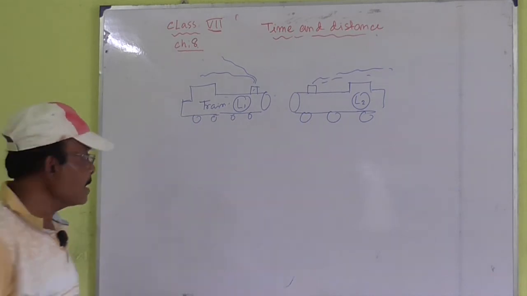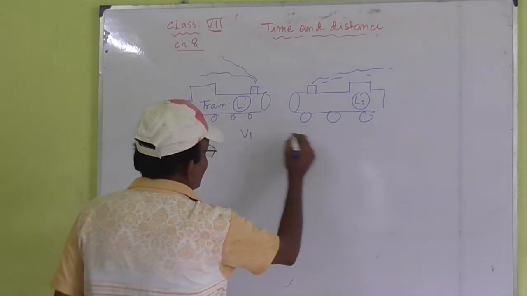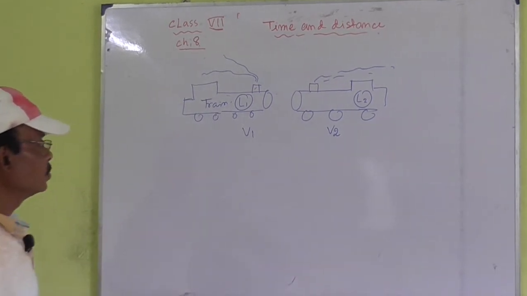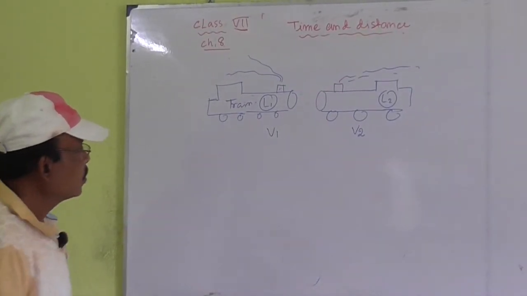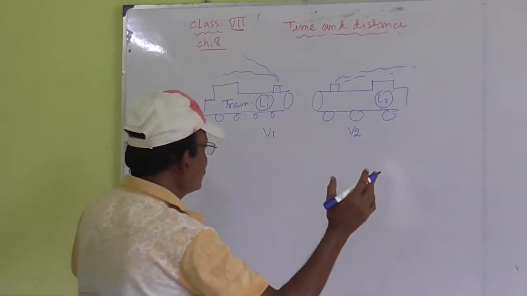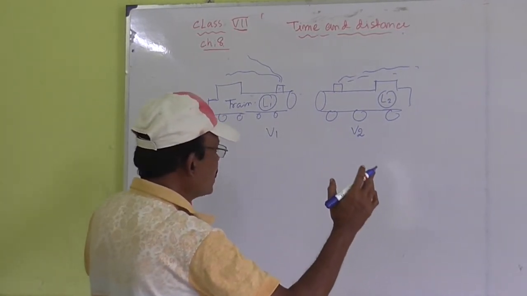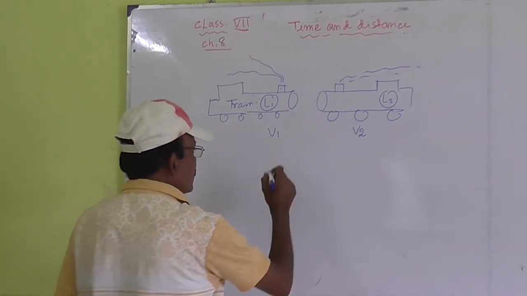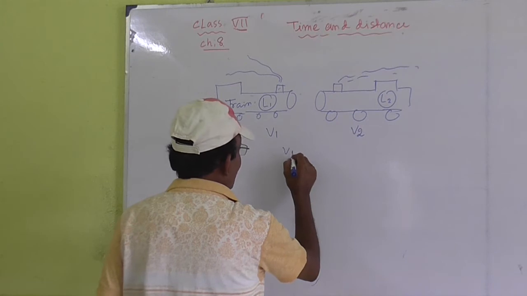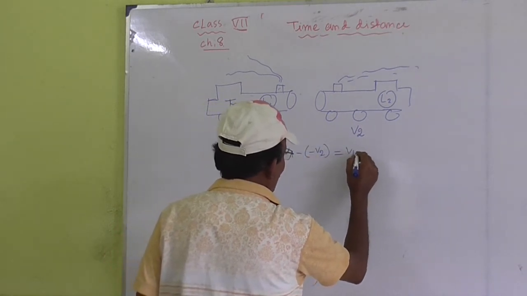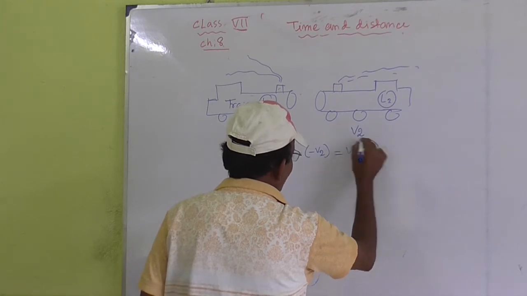Its velocity be V1 and its velocity be V2. So, when the two trains are coming from the left side and right side, then its velocity will be V1 plus V2.